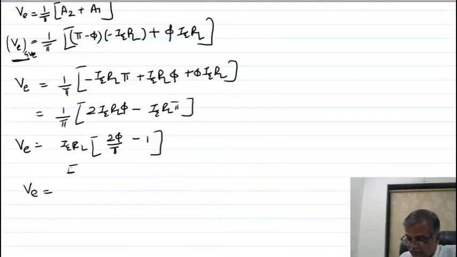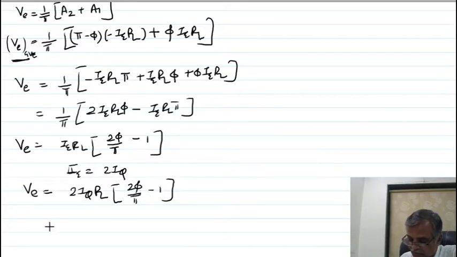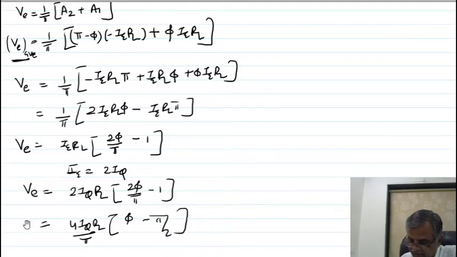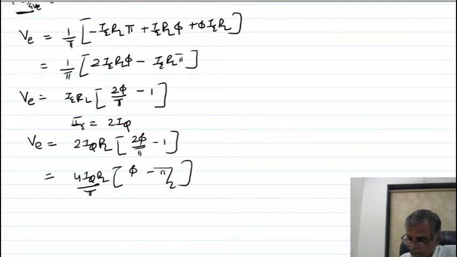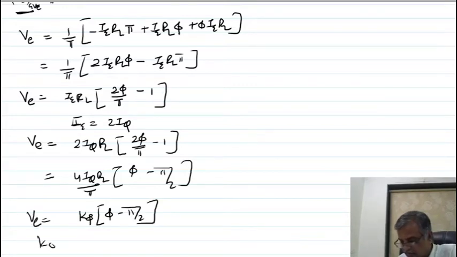I is nothing but 2IQ. So I can write 2IQ into RL, 2 phi upon pi minus 1, or I can write 4IQ into RL, phi upon pi minus pi by 2, or, taking 2 common, it is K phi into phi minus pi by 2, where K phi is known as the conversion ratio.